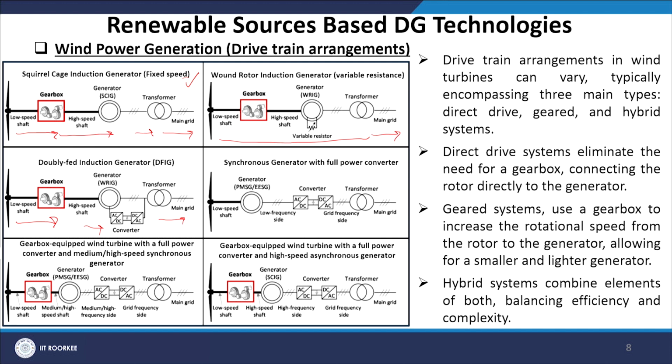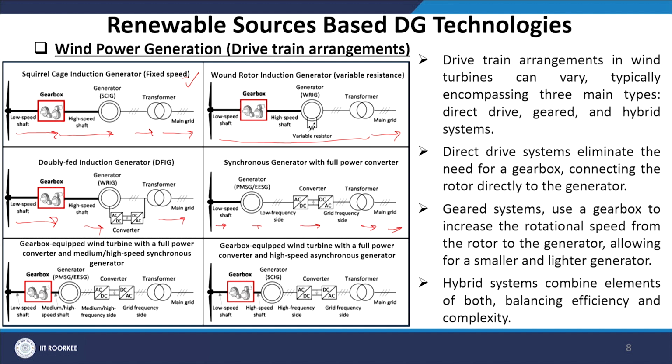Unfortunately, this has not seen its kind of footprint across wind power generators, but it is upcoming, and this is an equally important wind generation architecture where you have the turbine and then generator, then converter, and then transformer to the main grid. Now, there are a few important arrangements, that is gearbox equipped wind turbine with a full power converter and medium or high speed synchronous generator. And the other one is gearbox equipped wind turbine with a full power converter and high speed asynchronous generator.